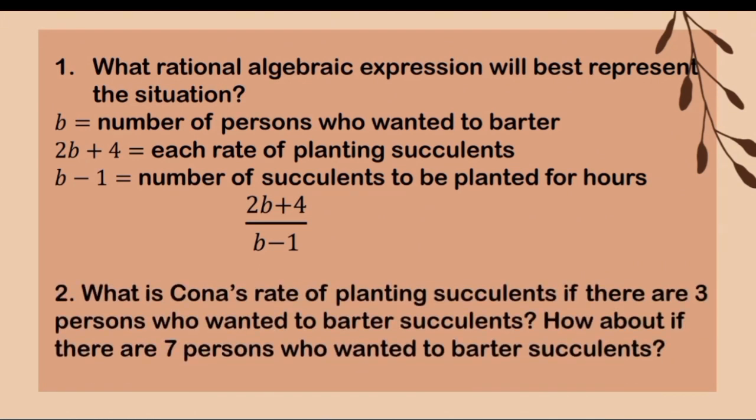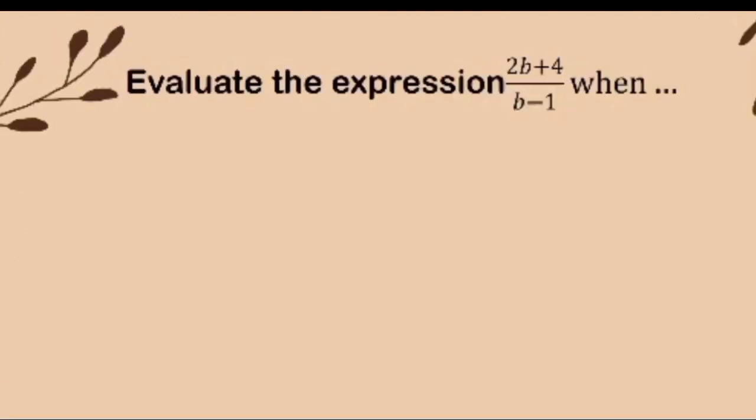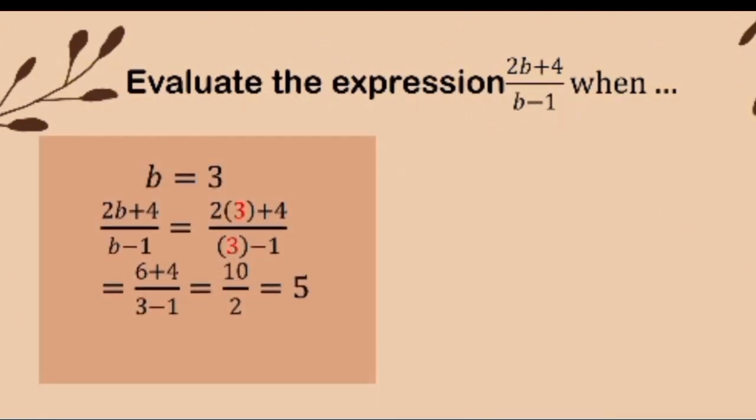What is Kuna's rate of planting succulents if there are 3 persons who wanted to barter succulents? How about if there are 7 persons? Evaluate the expression (2b plus 4) over (b minus 1) when b equals 3.